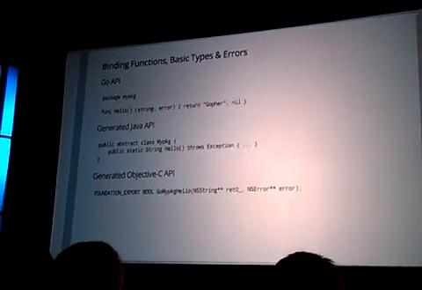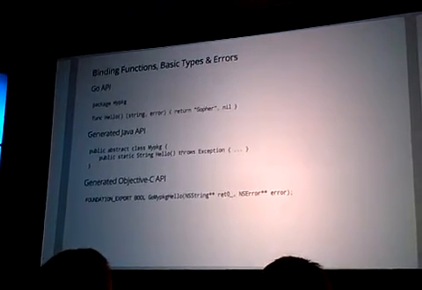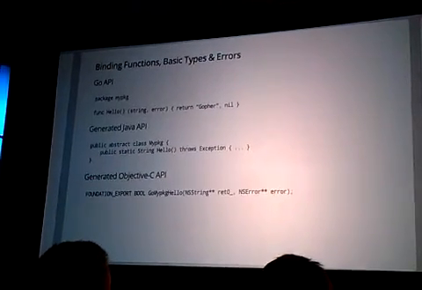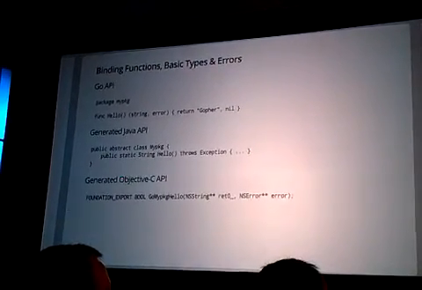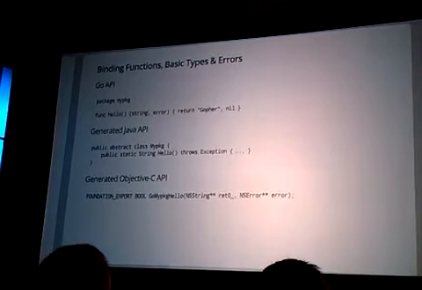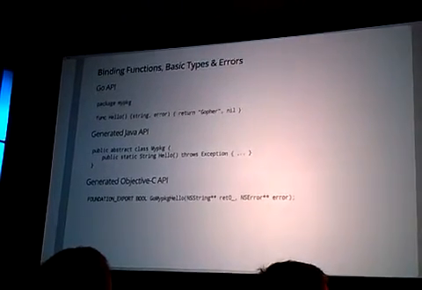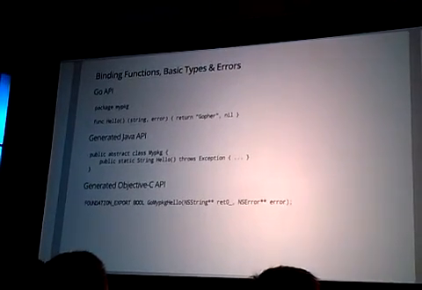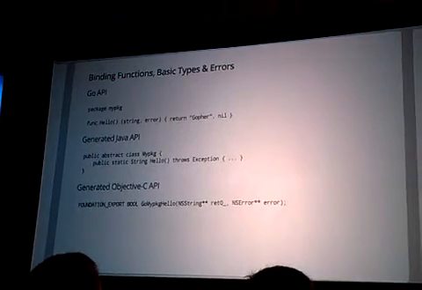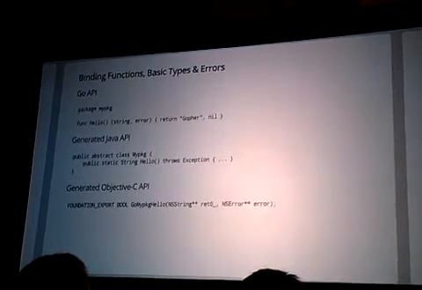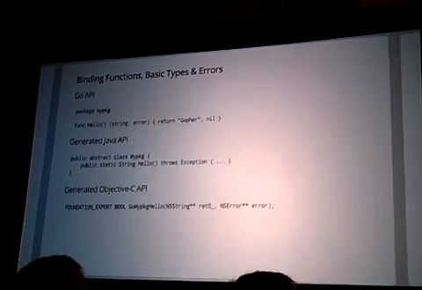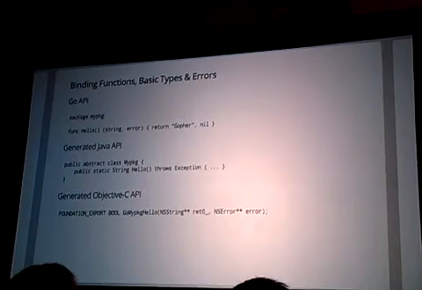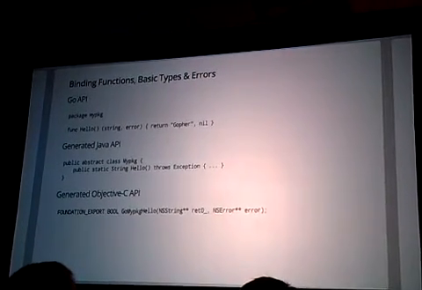Currently we support the basic types, error binding, and the functions that use the basic types and errors in their API. I have a Go package, mypackage, that defines a Hello function that returns a string and an error type. If we use the gobind tool to generate the Java language binding, it will create a Mypackage class that has a static method Hello that returns the Java String type, and the second return type, error, will be translated as a Java exception.